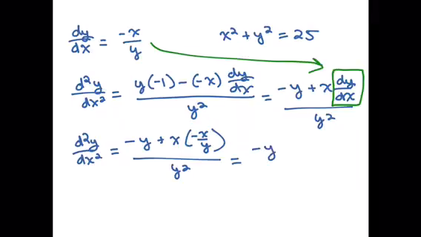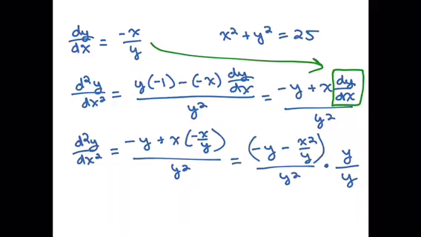And if we clean that up, we get negative y minus x squared over y, all over y squared. And that gives us a complex fraction. We're not allowed to leave things in terms of complex fractions. So we need to get rid of the inner fraction's denominator by multiplying the numerator and the denominator by y.